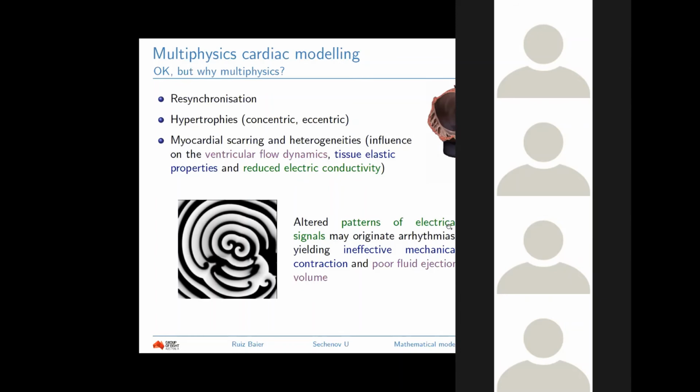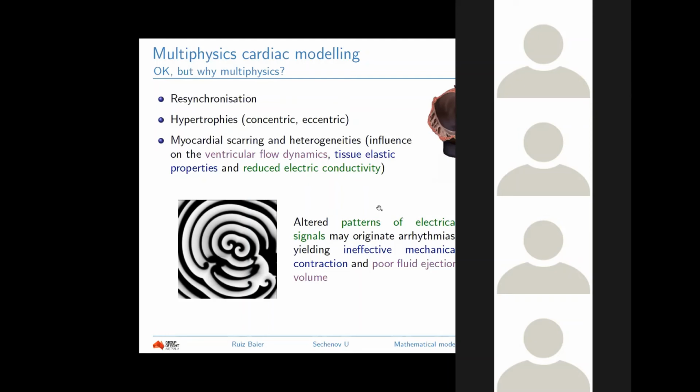So you do need integration to some extent of the properties of the heart.